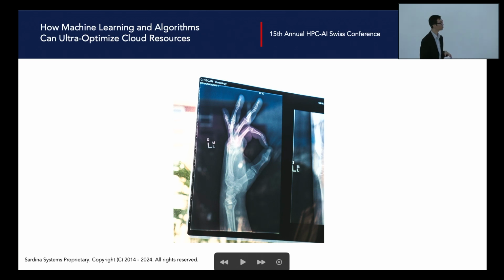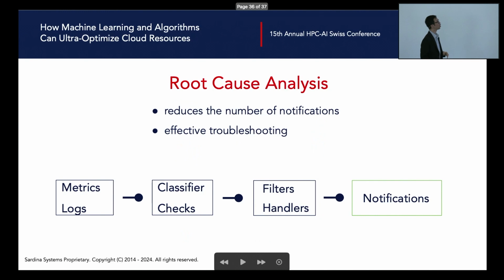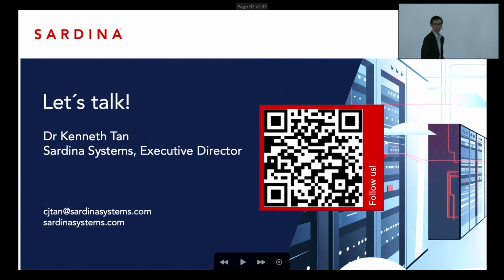With that, we can provide the operator with a better view on what needs to be done before the problem manifests itself. This also helps us understand what could potentially be wrong in the system. Okay? So that's a quick overview of one of the aspects of what we do at Sardina Systems. Thank you.